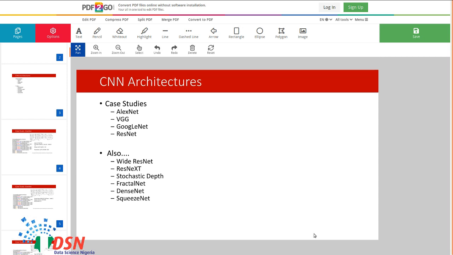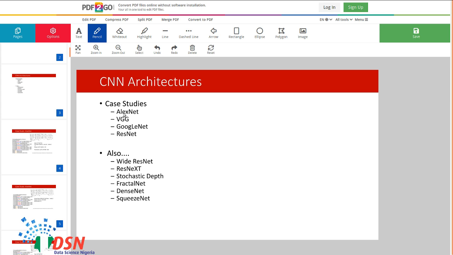Today we want to see some case studies in deep neural networks and also learn about transfer learning and know why it is important to know about famous CNN architectures.